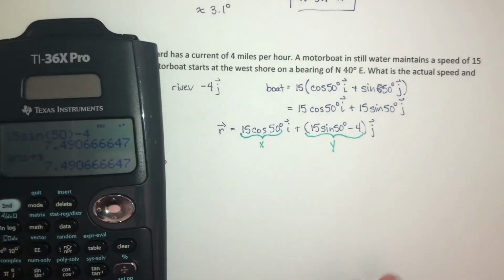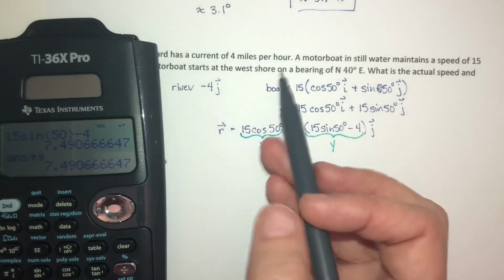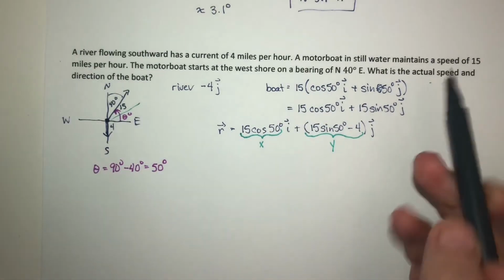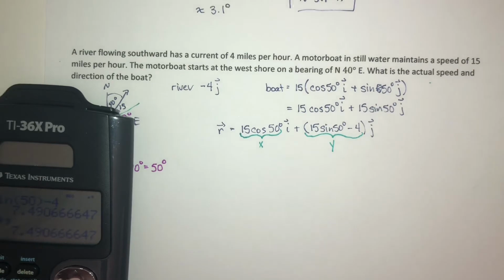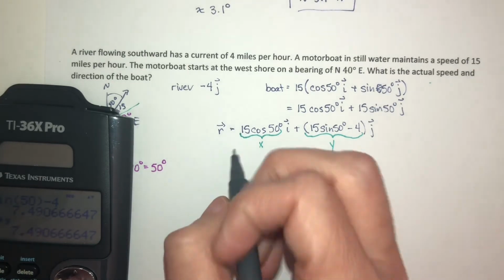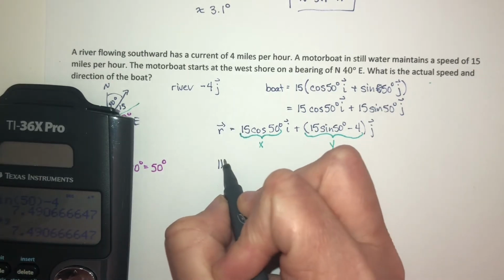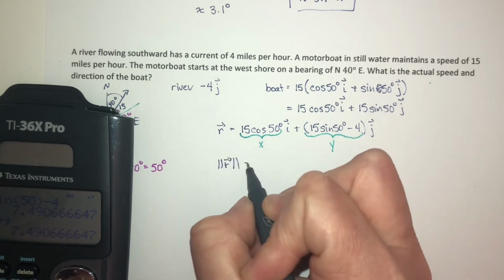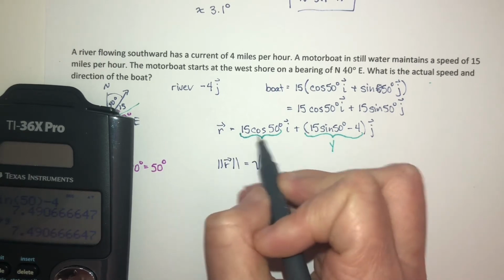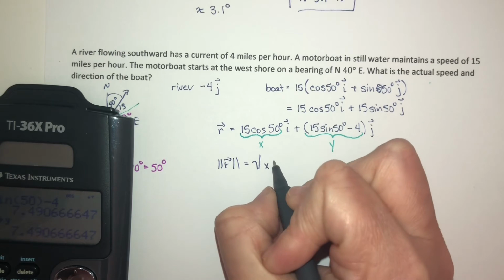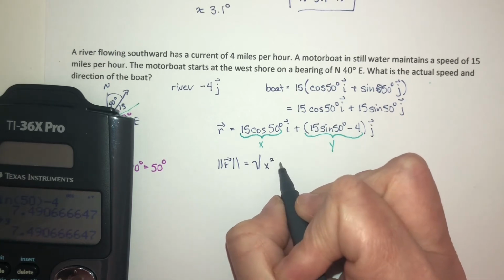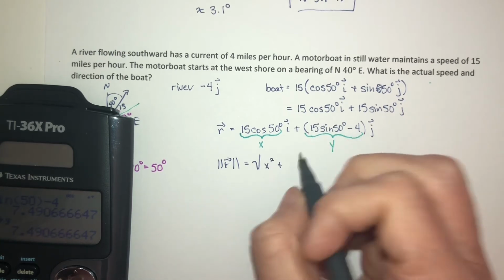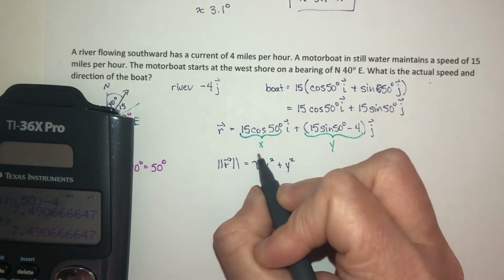All right, so we're asked to find the actual speed, so that means we need to know the magnitude of r. Now the magnitude of r is going to be the square root of this whole value, which I'm calling x right now, plus all of this squared, so y squared.